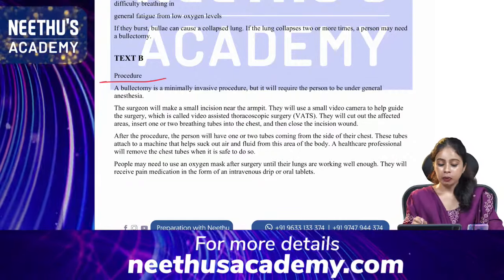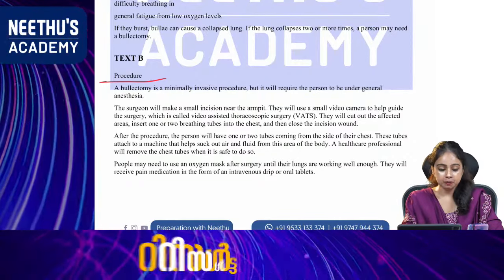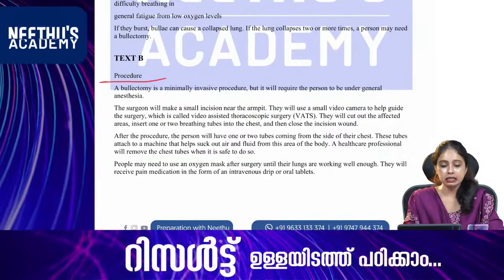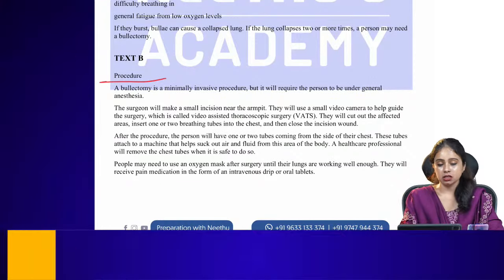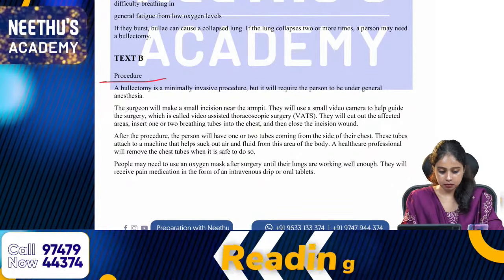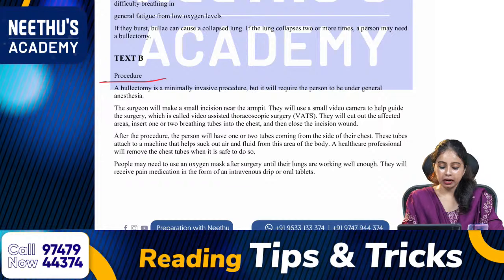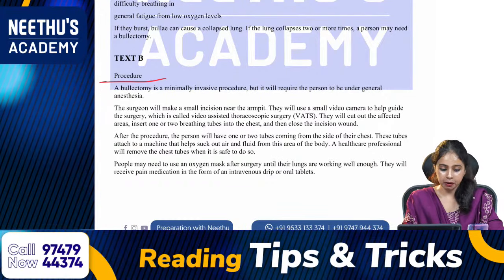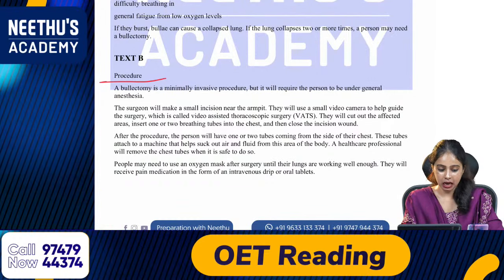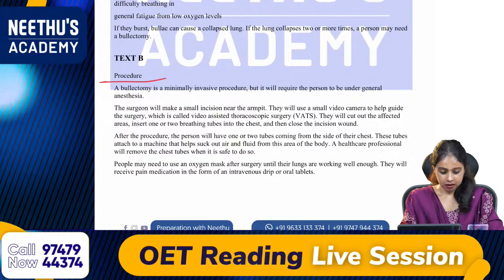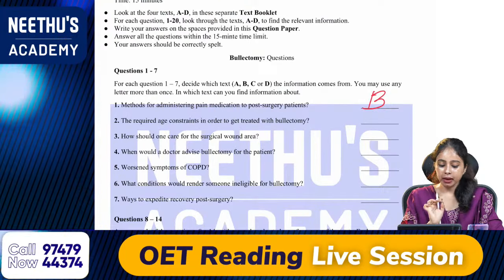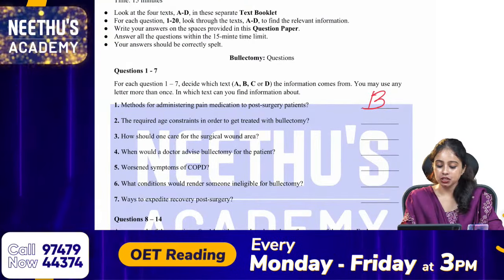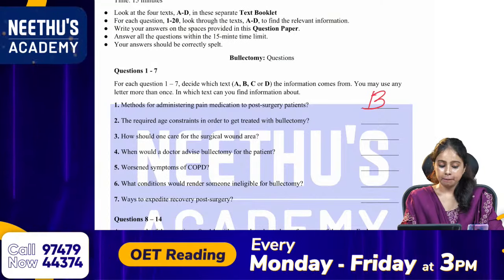So here, what is the answer from text B? Can anyone say? Yes, the answer is text B, right? So where is it? From text B, is it from the first para, second para, third para or the last para? Where is the answer? The question was methods for administering pain medication to post-surgery patients.